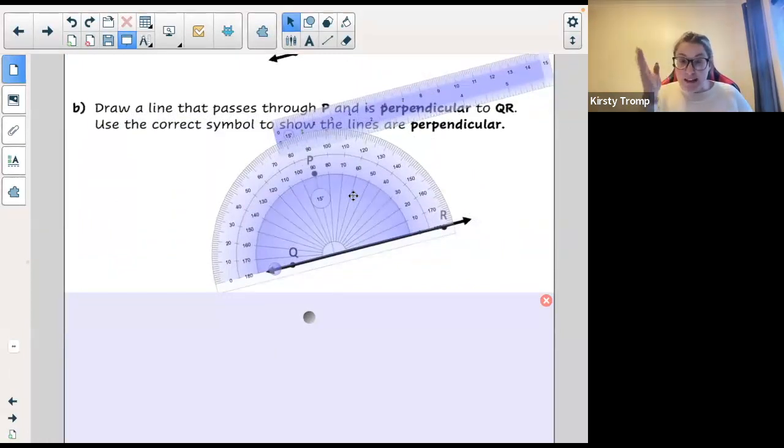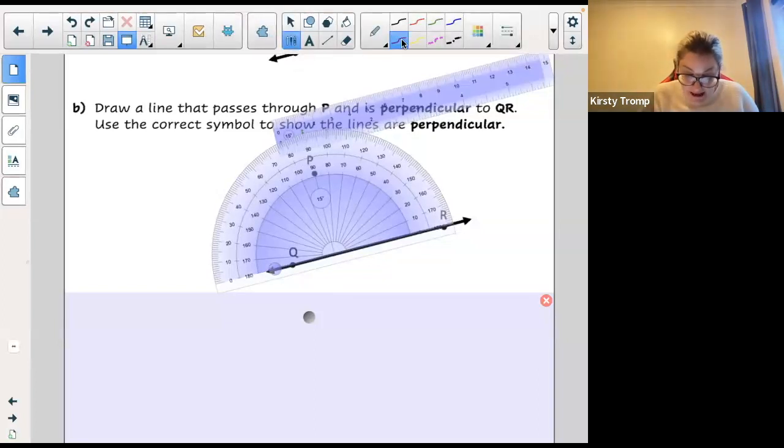So there's my protractor. I've lined it up on my straight line, guys. And what I want to go and do is I want to go and take my pen now. I see that my point P is at the 90-degree point. That's not something that I'm disagreeing with. I can see that point P lines up with that, but I need to join point P to something else so that it makes that 90-degree mark.